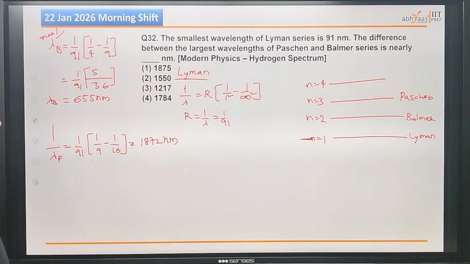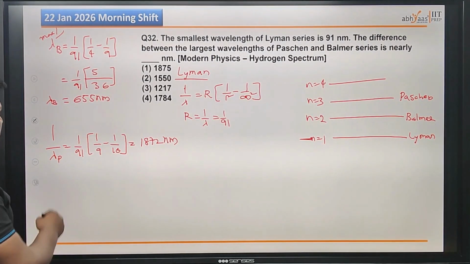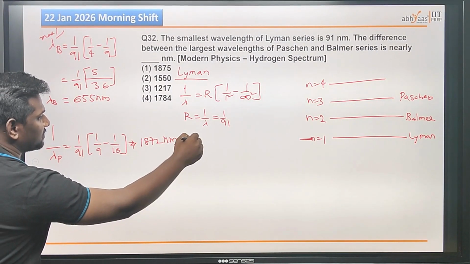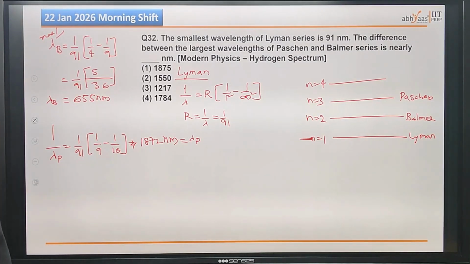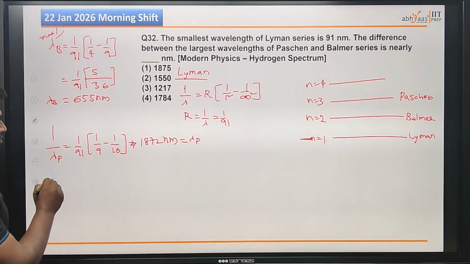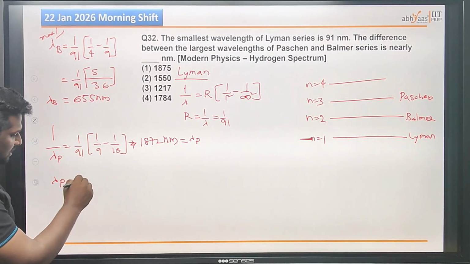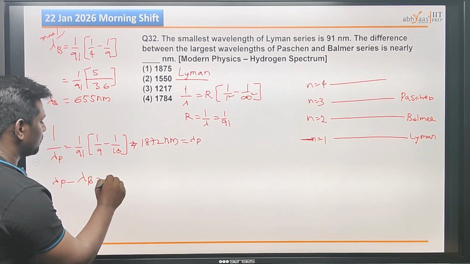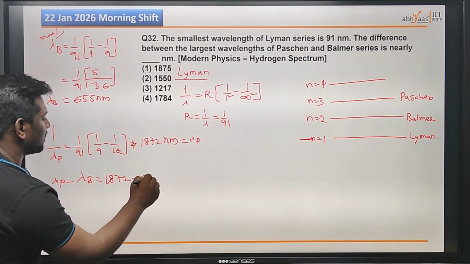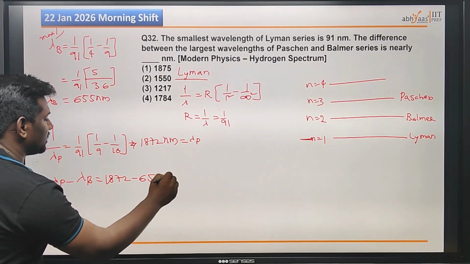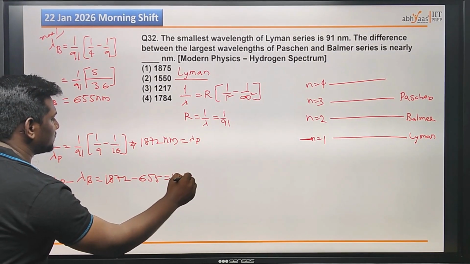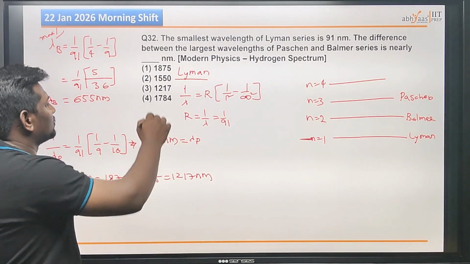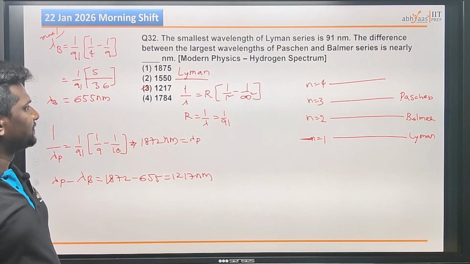This is for lambda Paschen. If you take the difference, lambda p minus lambda b, what is the value? 1872 minus 655, you will get 1217 nanometers. So what is the right answer? Option 3 is the right one.